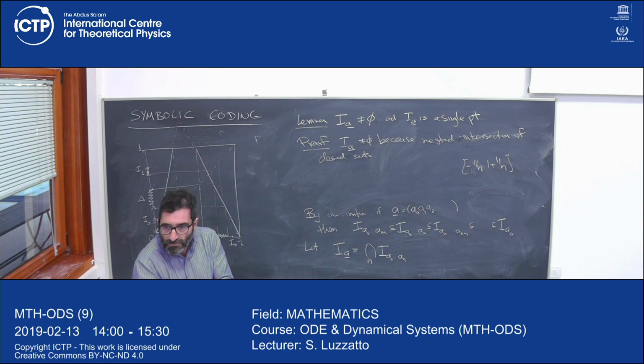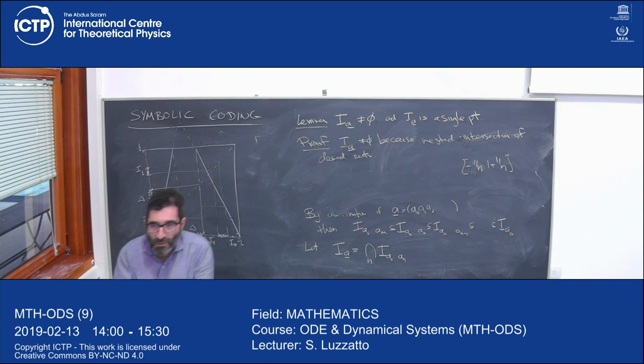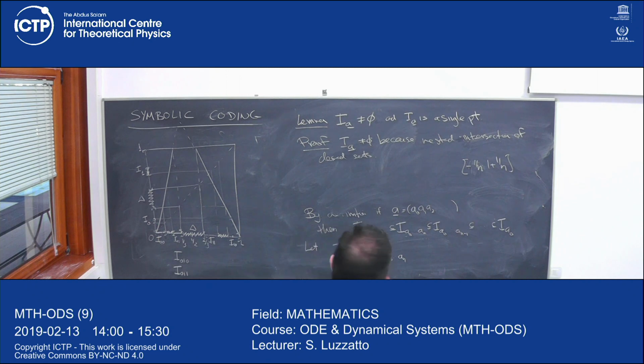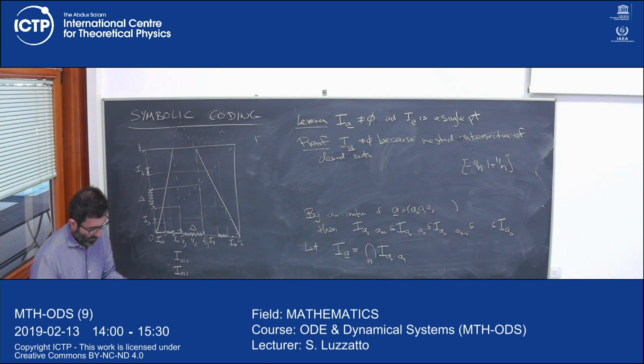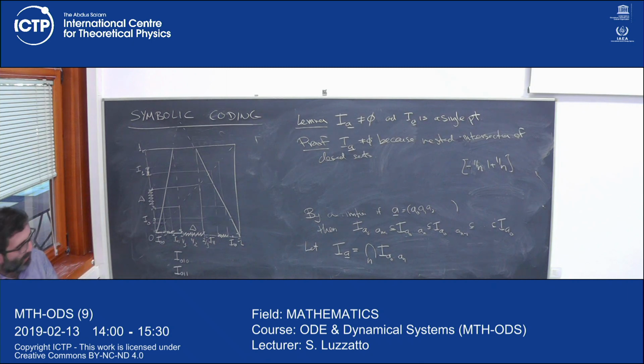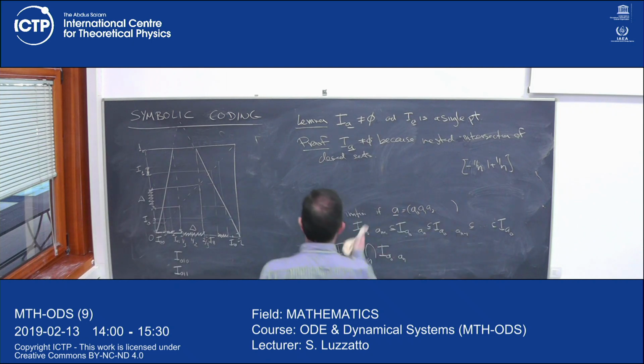It's an interval, so if the size is going to 0, then it has to be a single point. So why is the size going to 0? Let's figure this out and then we'll have a little break. Each interval has length one third of the previous one. That's right. What is the length of each one?